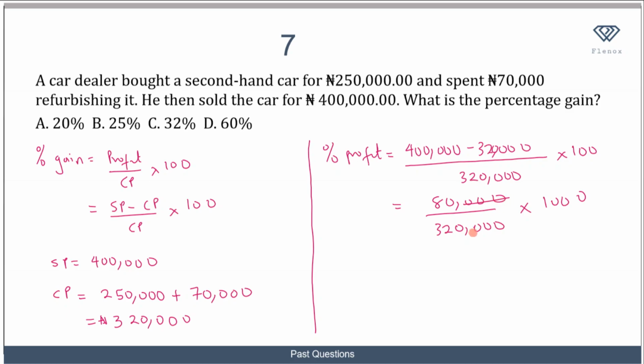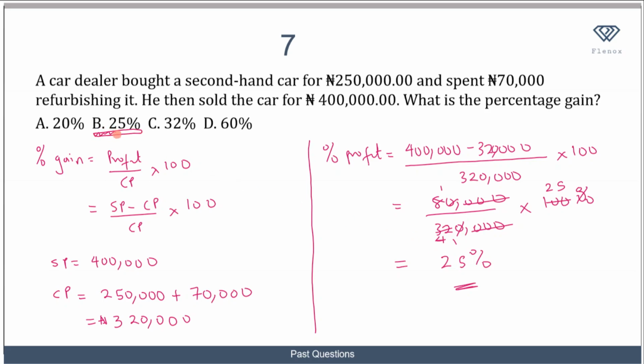So this cancels this, and this cancels this, and times 100%. When you simplify this, 8 goes into 8 once and into 32 four times, then 4 goes into 100 twenty-five times, so you are left with 25%. So the percentage profit that he has gotten from this transaction is 25%, which is B.